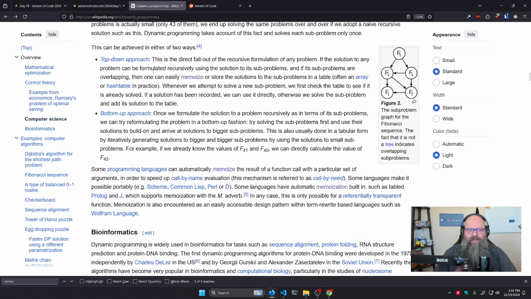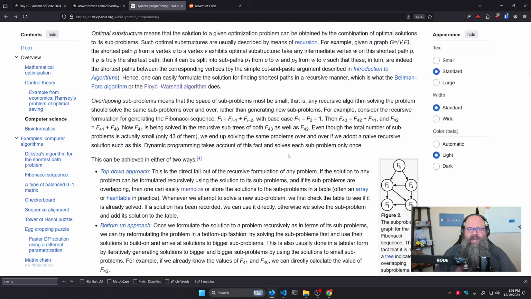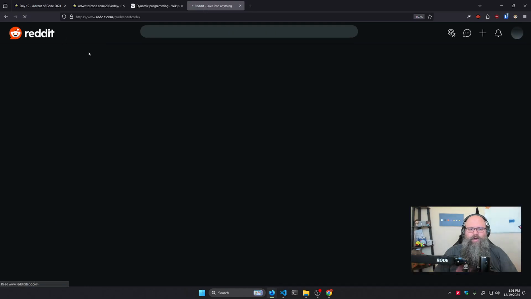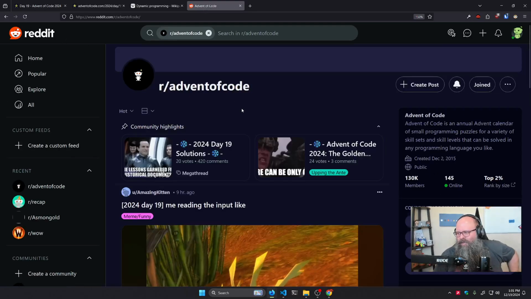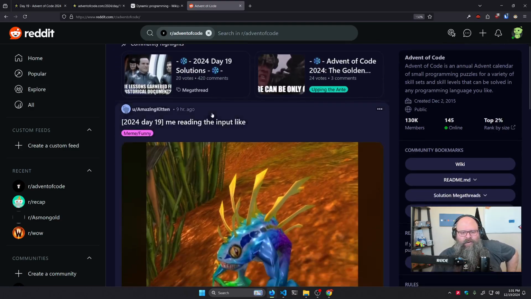It talks about the two different approaches, memoization and others. Anyway, keep those in mind. It'll be a great way to solve this and other problems you run into. So with that, let's look at some of these problems and see where we get.